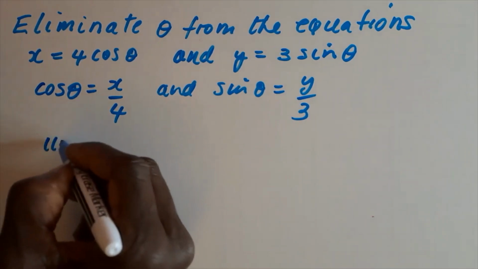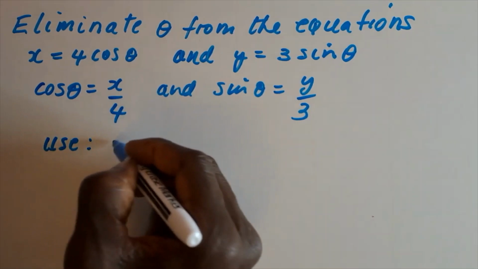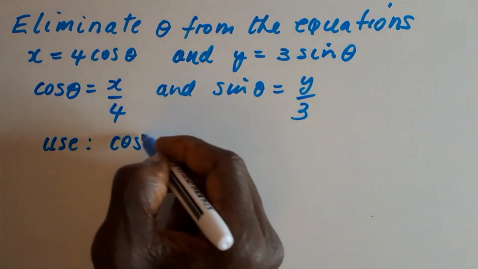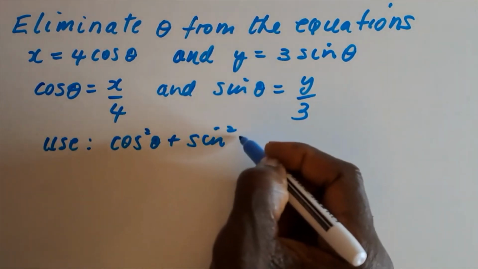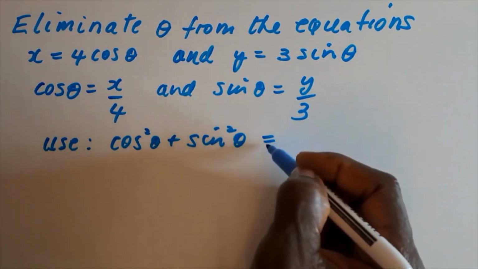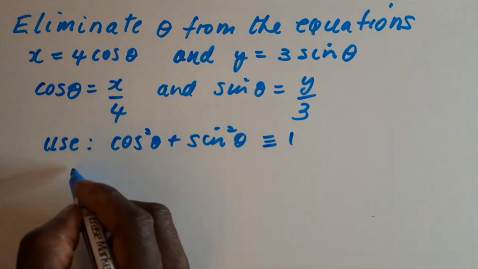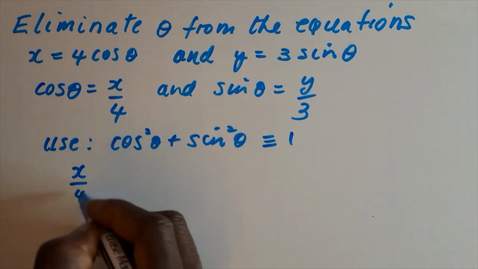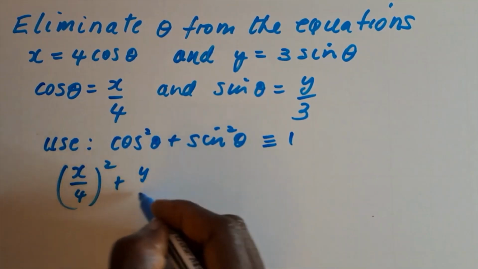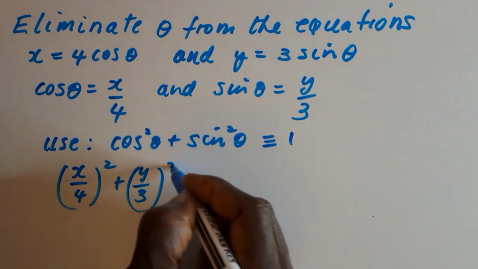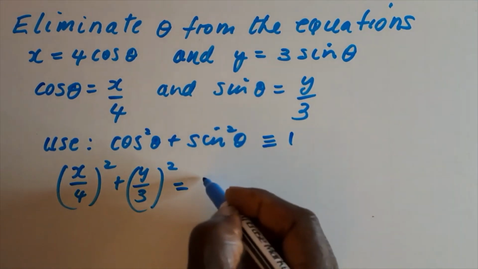Now, if we use cosine squared theta add sine squared theta identical to 1, then we get that we have x over 4 squared and y over 3 squared, and this is equal to 1.